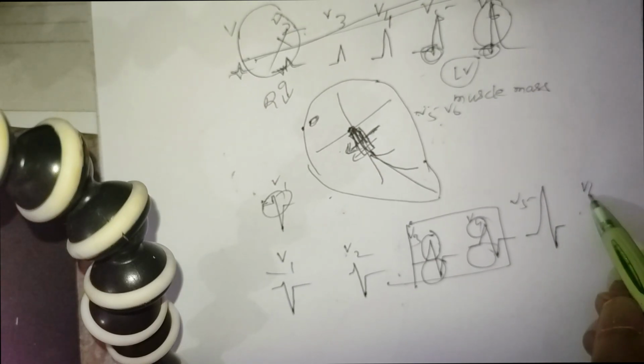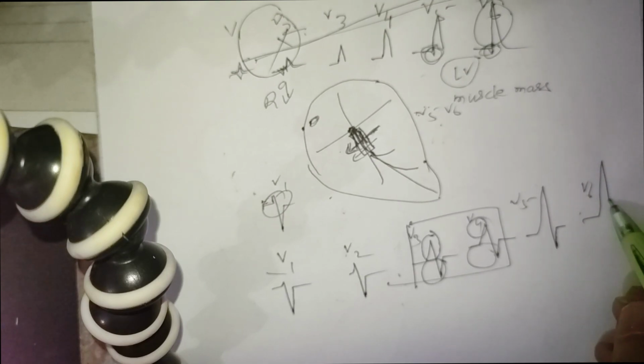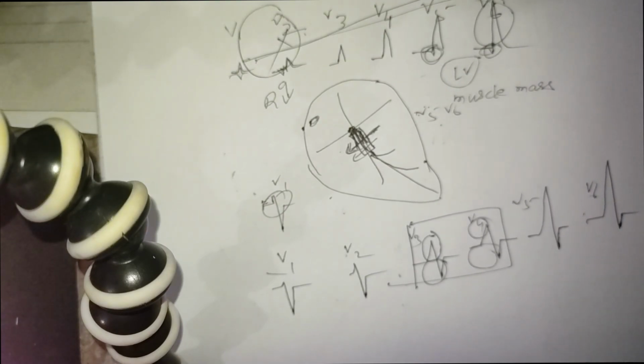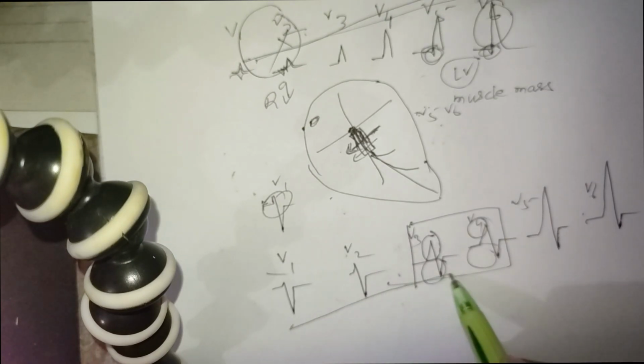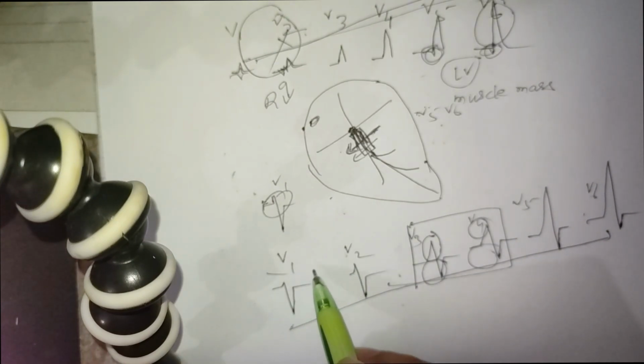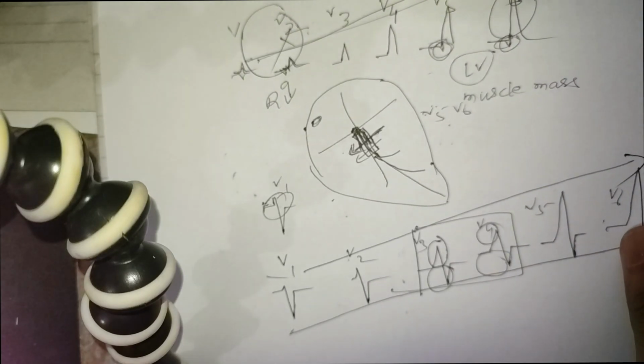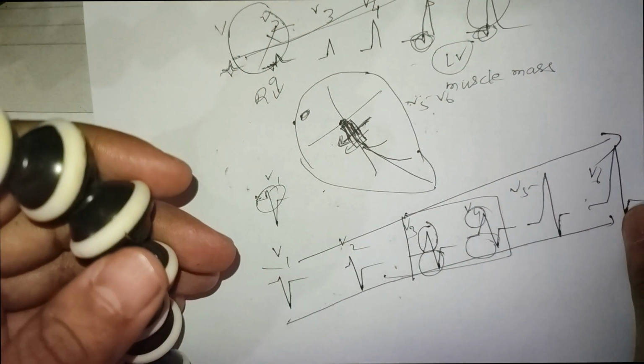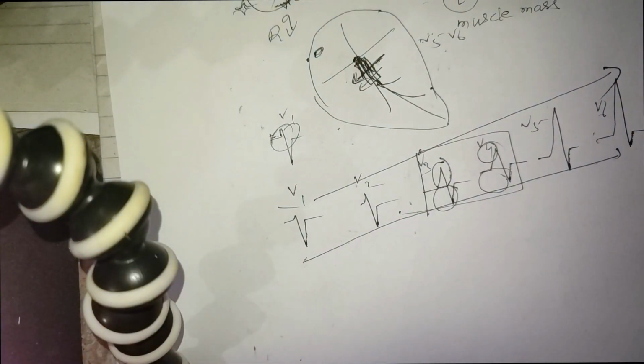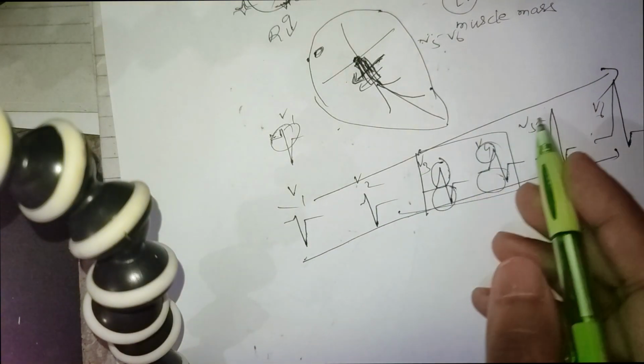And if you go to V6, R wave again increases and S wave is like this. So S wave slowly decreases and R wave slowly increases as you go from right to left, right? This is an important thing to look for in ECG. This is called R wave progression.